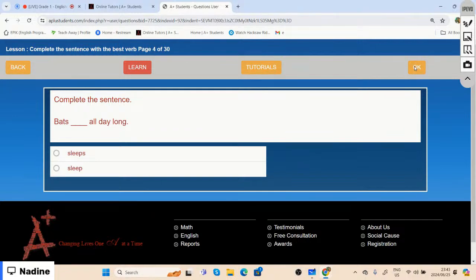All right, bats. Bats, it's more than one bat. So do we say bats sleeps all day long, option one, or option two, bats sleep all day long?